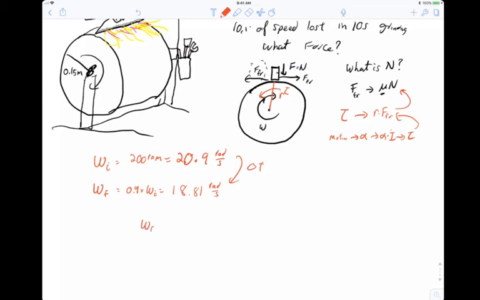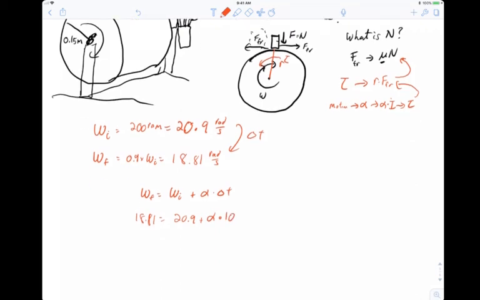ωf is equal to ωi plus alpha delta t. 20.9 plus alpha times, how much time is it? It took 10 seconds to do it.